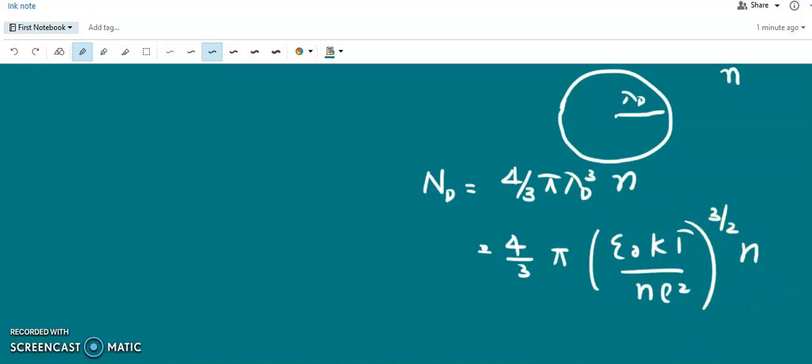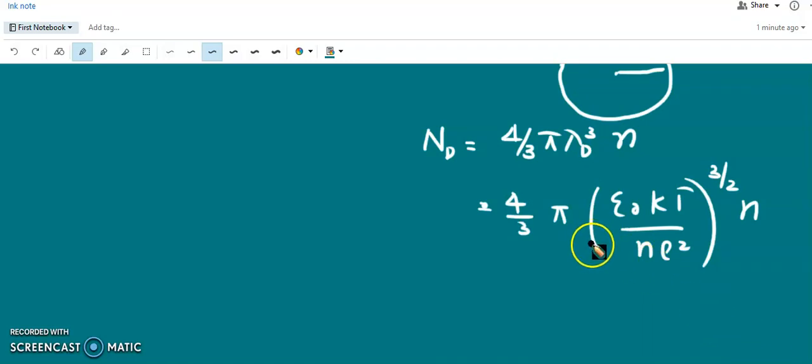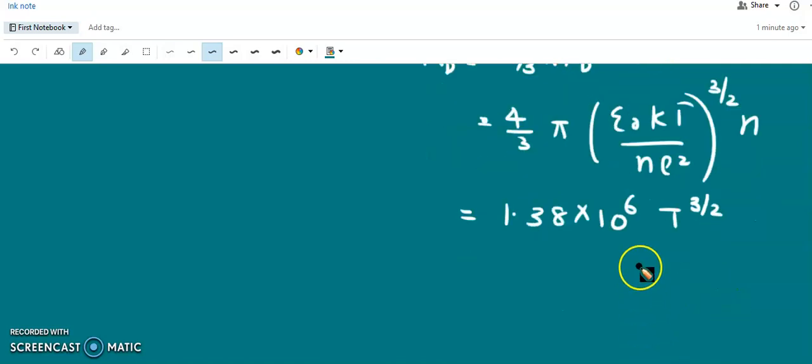So substituting the values of epsilon 0, pi, e square and k, we will get this is equal to 1.38 into 10 to the power 6 into T to the power 3 by 2 divided by n to the power half.